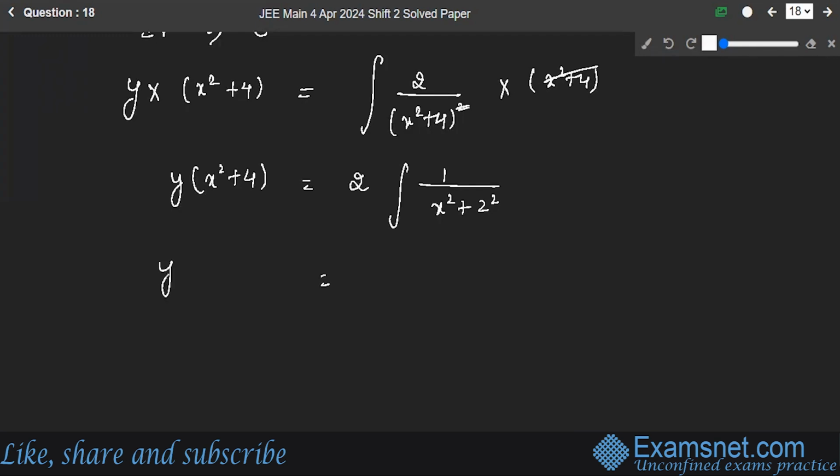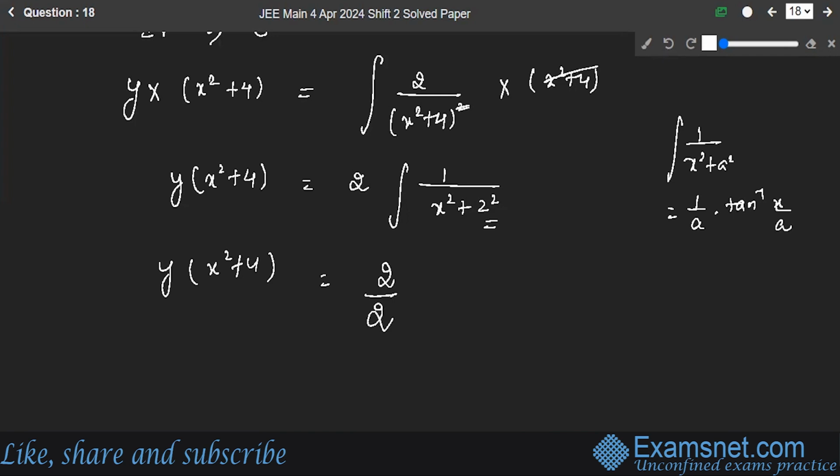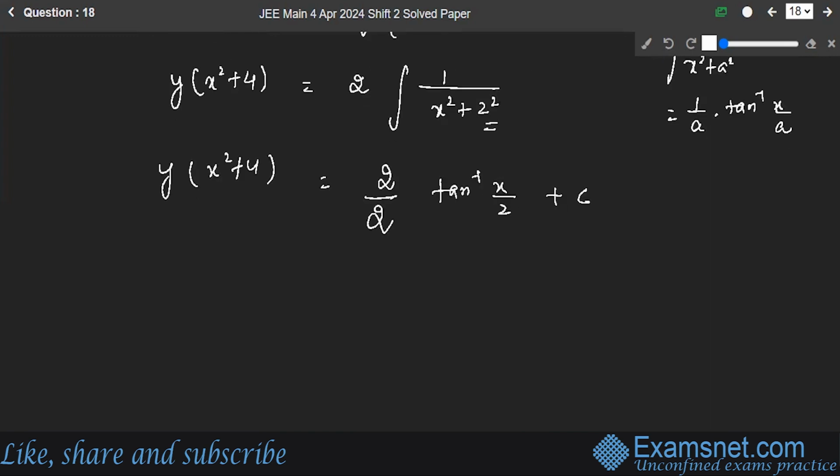What is the formula for the integral of 1 upon (x² + a²)? This is equal to (1/a) tan⁻¹(x/a). Here your a is equal to 2, so this is 2 divided by 2, tan⁻¹(x/2) plus c. Let's write it properly once more: this is the one, tan⁻¹(x/2) plus c.